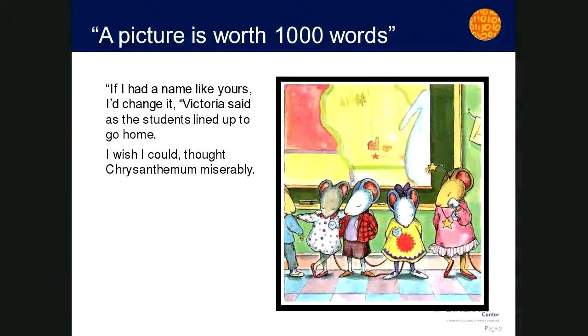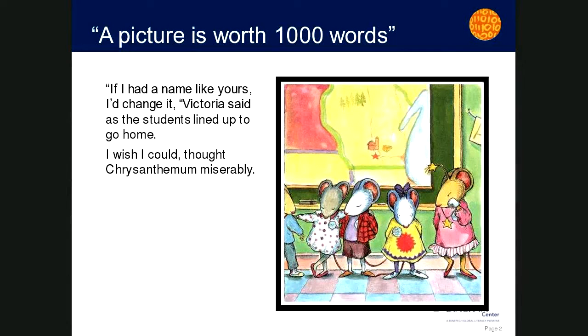A picture is worth 1,000 words, and we all know how important images can be when you're talking about something like a picture book. On screen is a picture from Chrysanthemum, a children's book, with accompanying text.